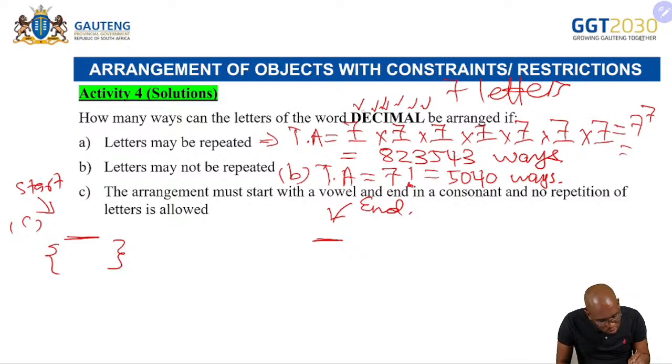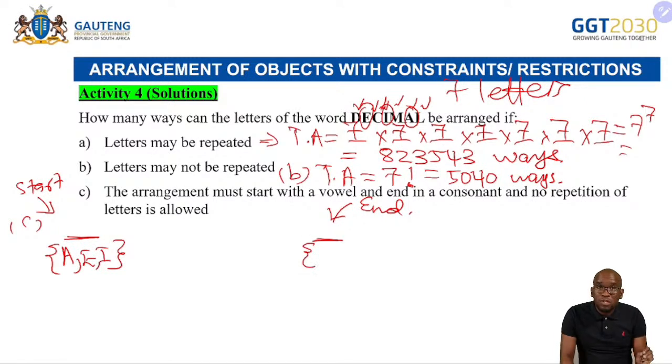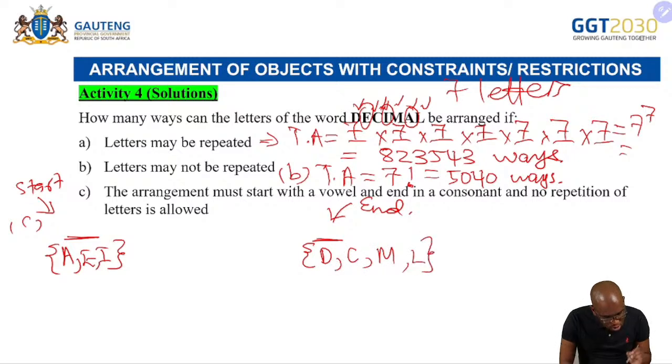Obviously, the vowels that we have here are E, I, and A. The consonants are those that remain, so we have D, C, M, and L. So we've defined a subset for vowels in the first position, and a subset for consonants in the last position.